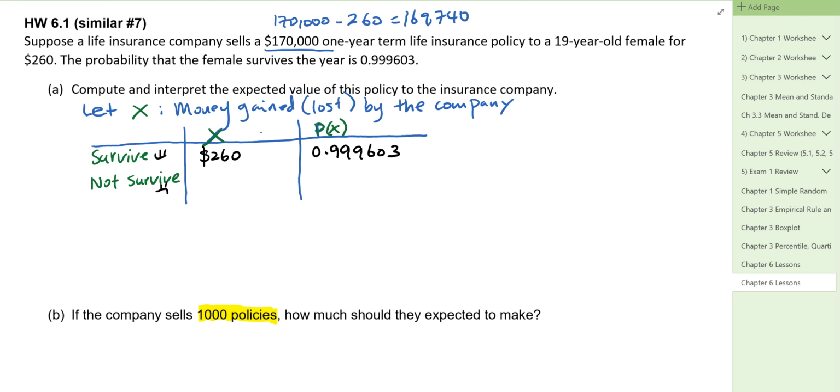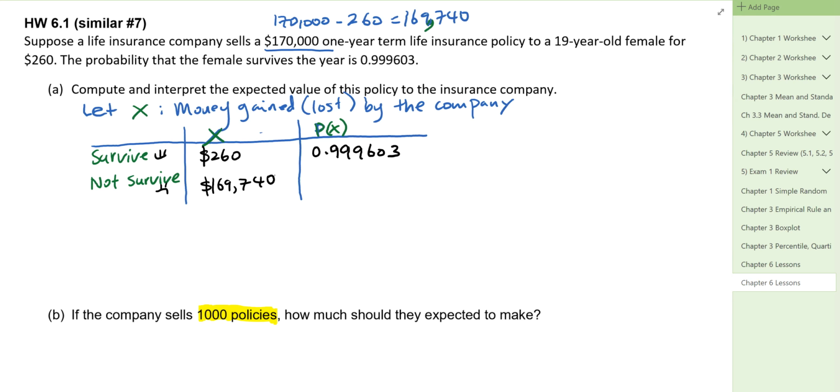So actually, the company only loses $169,740, right? So therefore, this amount here should be negative $169,740.